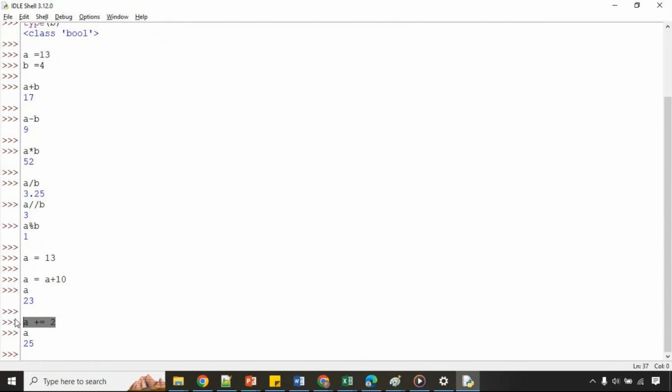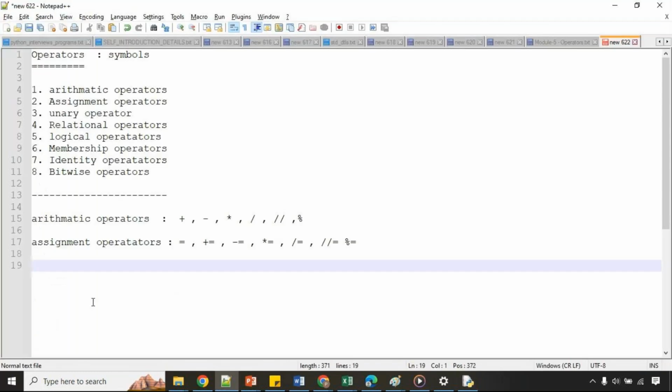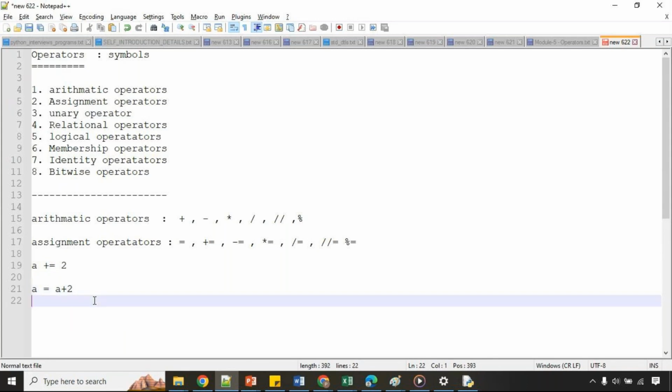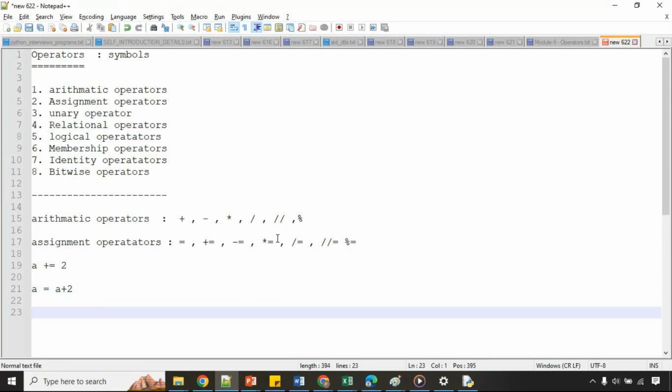So remember this one: if you write A plus equal to 2, it means A equal to A plus 2. Similarly, we have minus, multiplication, division, and modulo division.